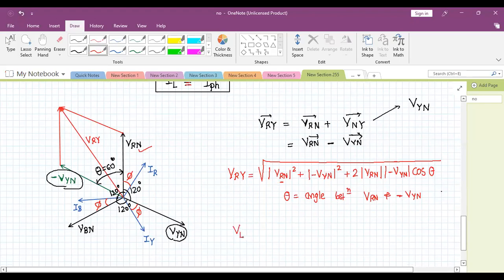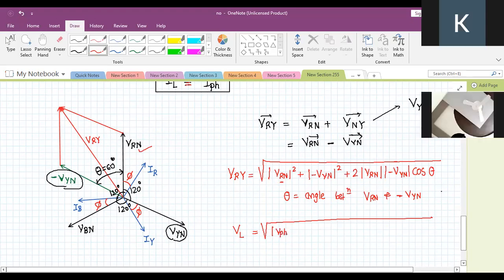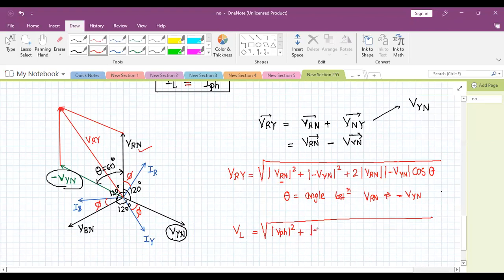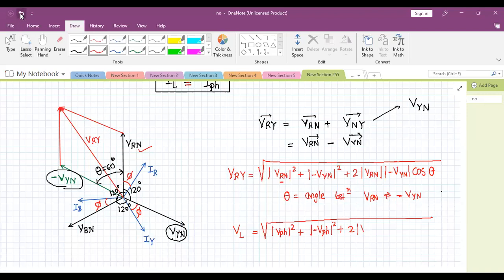So I can say VL is equal to under root of VRN square, which is our phase voltage, so VPH square, plus VYN square, which is also VPH square, plus 2 VRN VYN, which is again VPH and VPH, cos theta, and theta is now 60 degree.